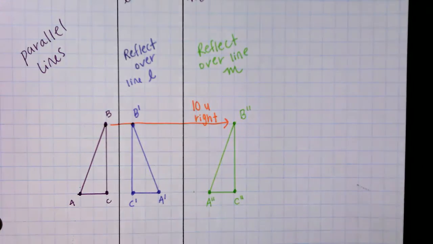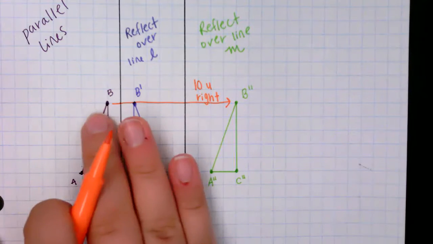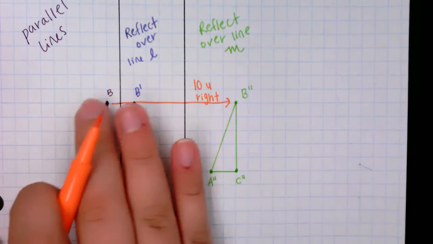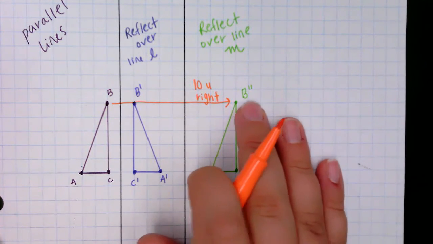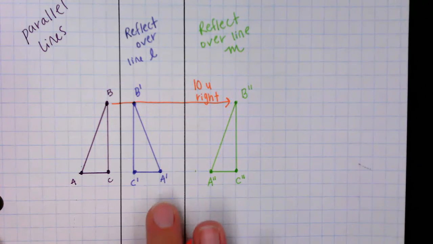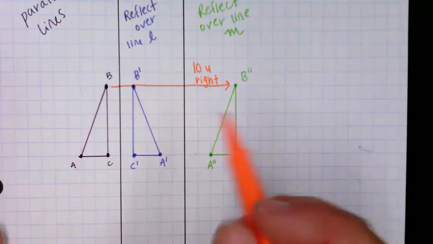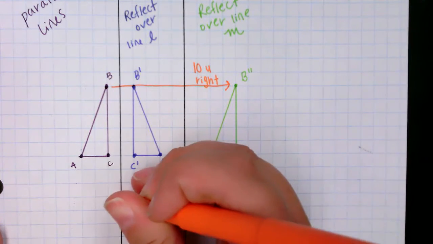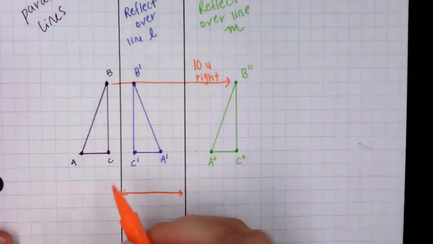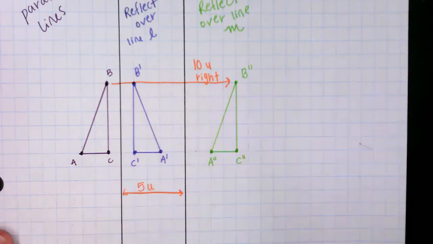And that is actually a rule that we're going to learn. So in order to find this, and we call it the translation vector, in order to find the length of the translation vector, all we need to know is the distance between the two parallel lines. We don't even have to do the transformations. So I look at this distance here, and for us in this example, my two parallel lines are 5 units apart.